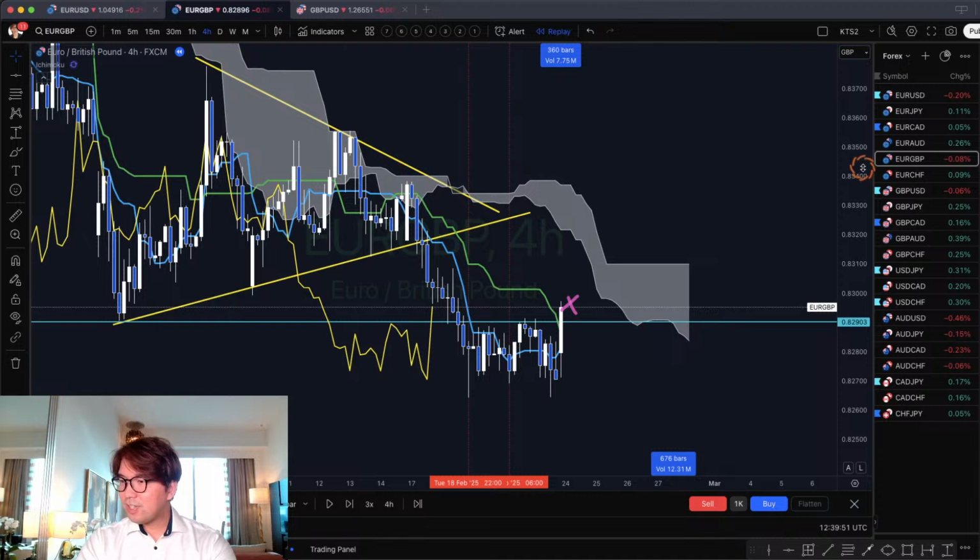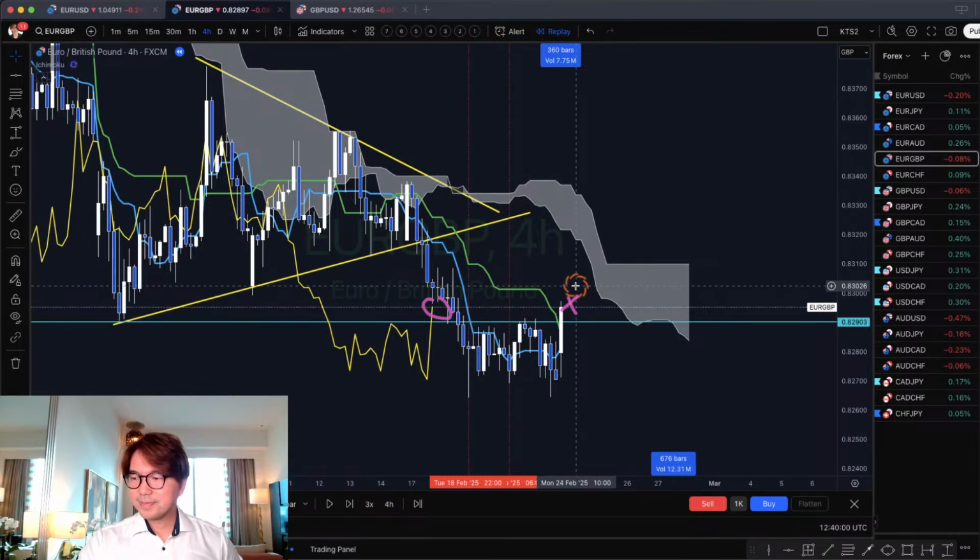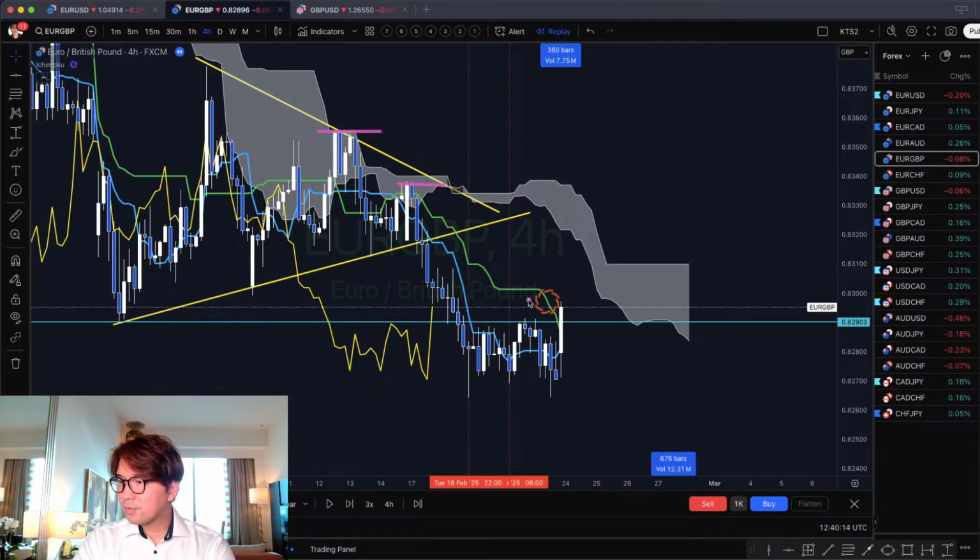So this is how to read from Ichimoku 5 lines. And now Chikou span again is almost touching the candles, so it's range. If you only look at the price action, you may still think that this is bearish because it's below the previous high. Yeah, simply you may think it's still bearish.